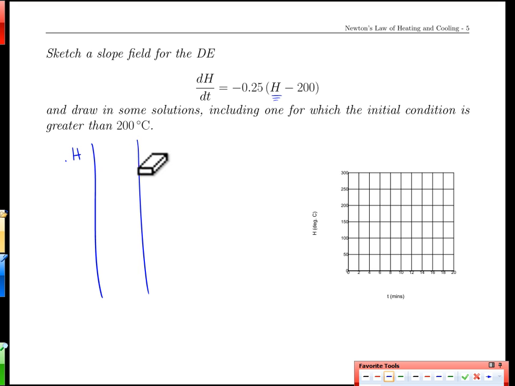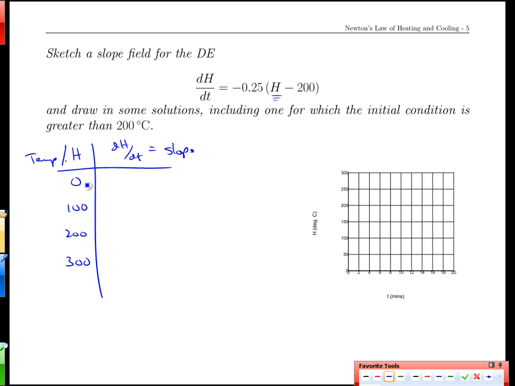In fact, that's all we need is two values here. Let's say h is 0, 100, 200, and 300. That's the temperature. Then the slope at each of those values of temperature would be, at 0, 0.25 times 0 minus 200, so we'll have plus 200 times 0.25, or a quarter of that, which is 50.